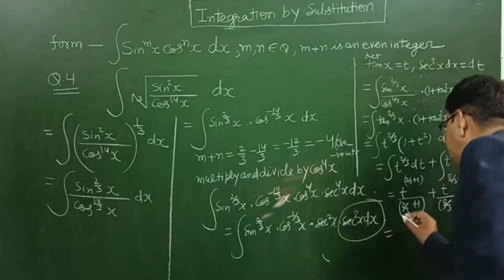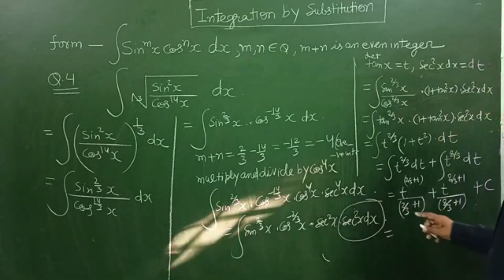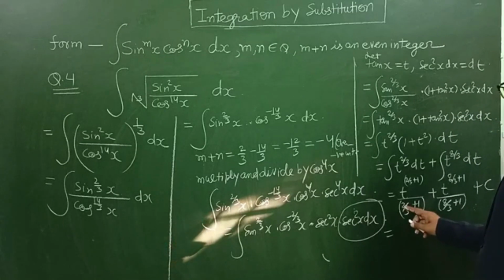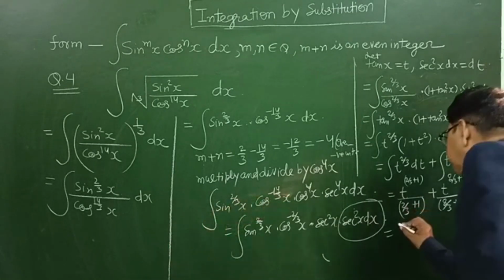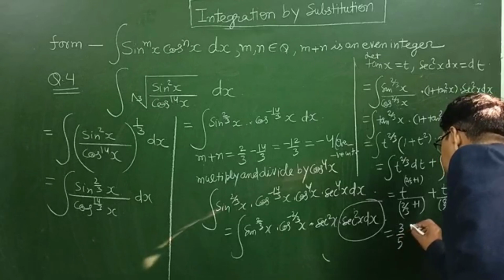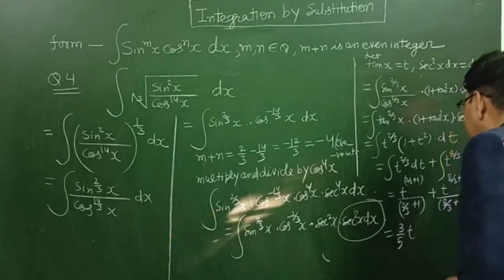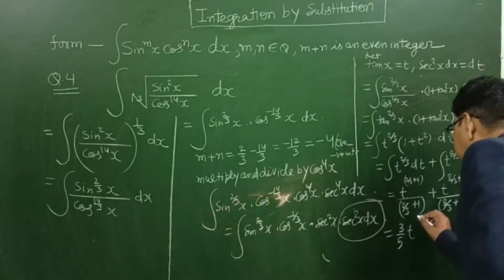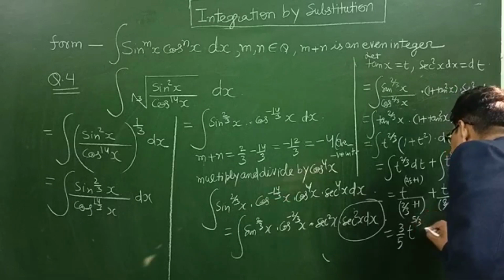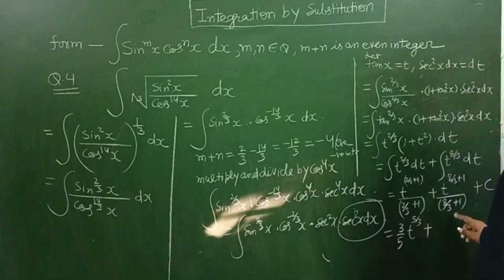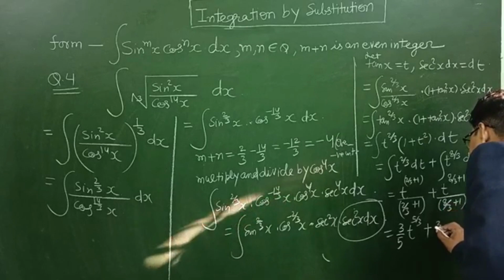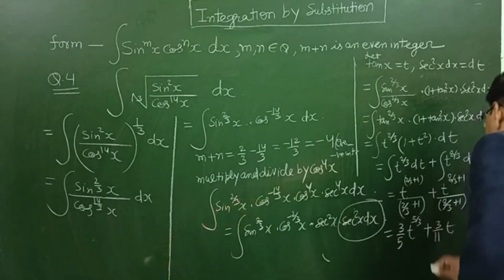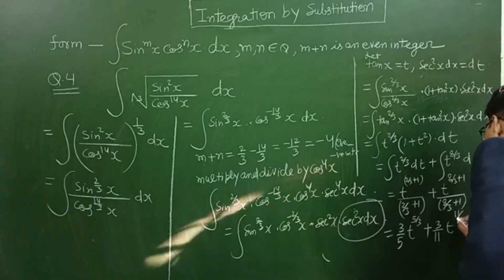So if we solve it further, this is equal to 3 upon 5 t raised to the power 5 upon 3 plus 3 upon 11 t raised to the power 11 upon 3 plus c.